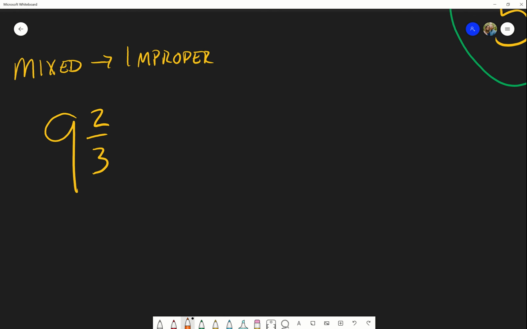So there's a math problem I do to make this improper. I'm going to show you what the math problem looks like, and that'll help you know what to do. So our denominator stays the same. So in this case, our answer will be a denominator of 3. Our numerator is where we get our math problem. We do denominator times whole number plus numerator.